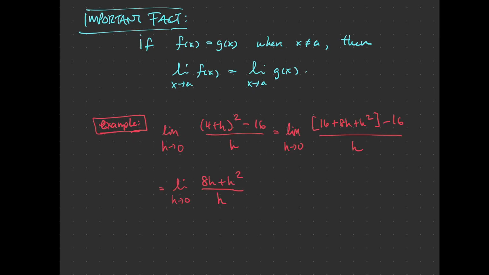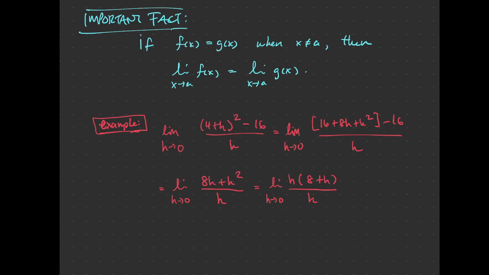We use this property in the following way. We say, well, even though h is a problem here, if I factor out an h in the top, since we're really only considering during the limit the values where h is not 0, right? Remember, we're not talking about actually being at 0. We're talking about approaching 0.